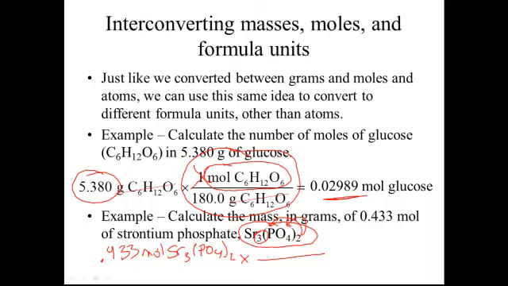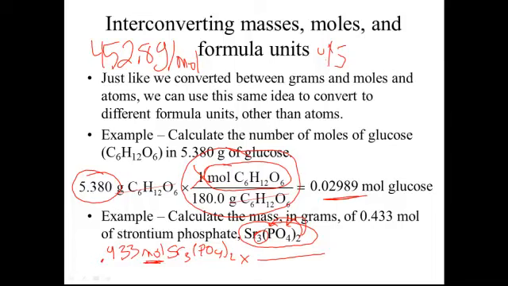We add that to our 324.8, and the total mass, so the molar mass of strontium phosphate, is 452.8 grams per mole. Again, that means if I had exactly 6.02 times 10 to the 23rd particles of strontium phosphate, then the mass of it would be 452.8 grams.